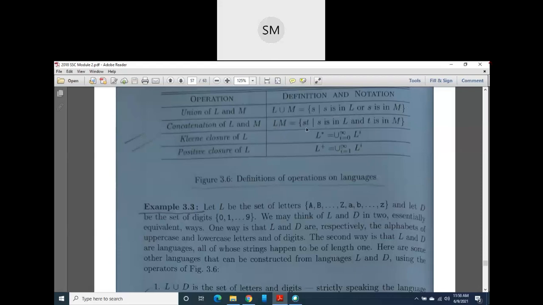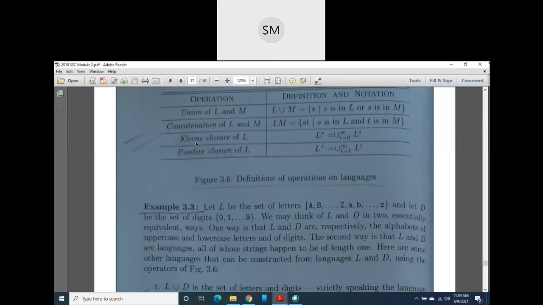It gives us a string s concatenated with t, where s belongs to the L language and t belongs to the M language. Then you join them and we get st. Then closure is again divided into two operations, Kleene closure and positive closure.